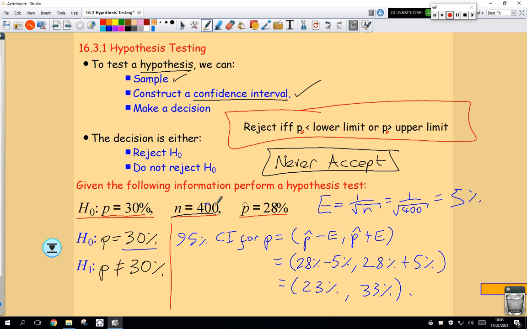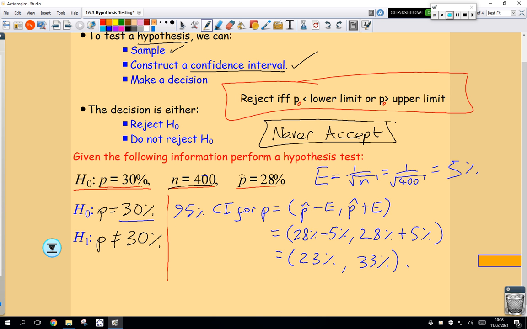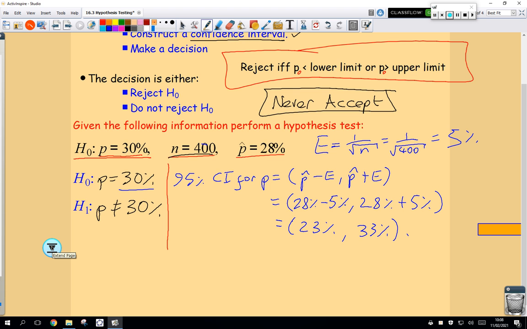Do we think our confidence interval does contain the proportion? Given that 95% of them do, I think mine is probably one of the 95% that does. In fact, it's 19 times more likely that my confidence interval does contain the true population proportion than it does not.